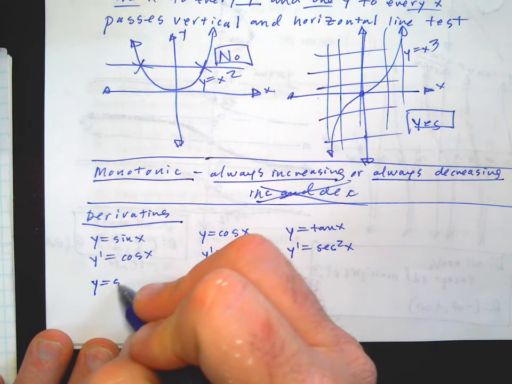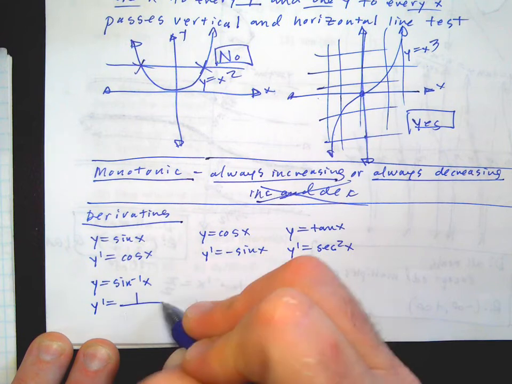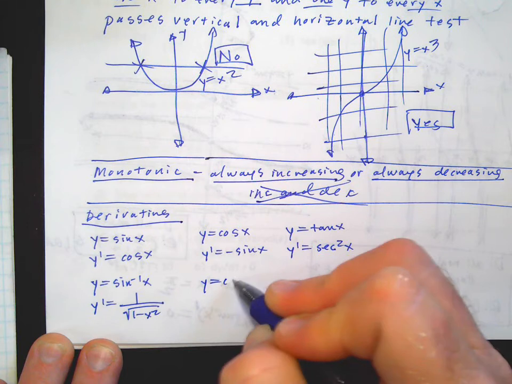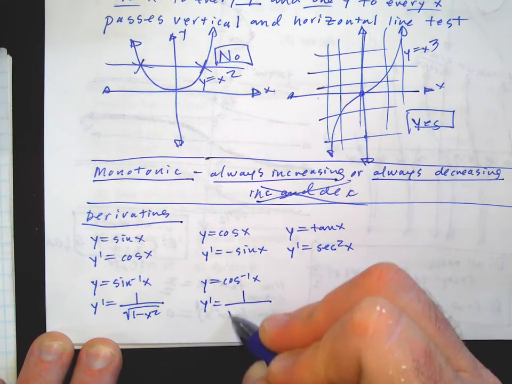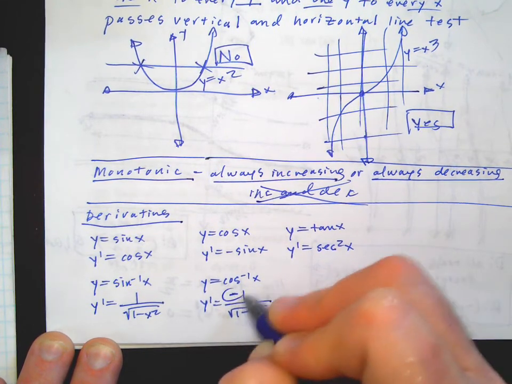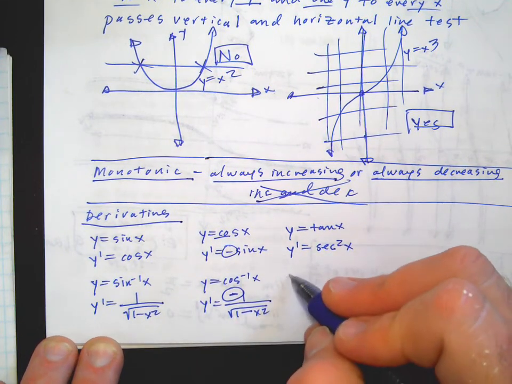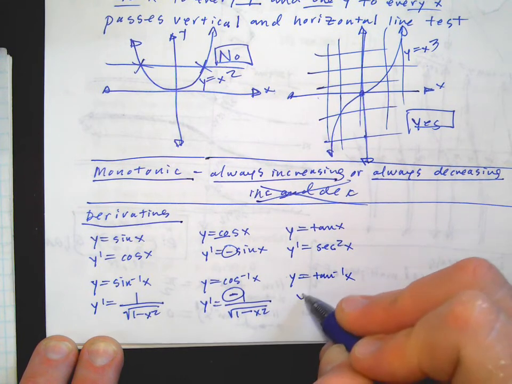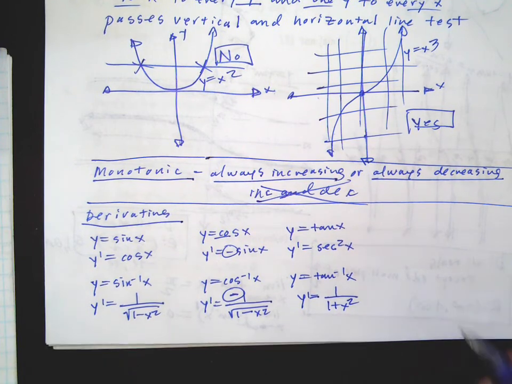The inverse of sine, the derivative is kind of weird for trig. It's 1 over the square root of 1 minus x squared. The inverse of cosine is actually the same thing, 1 over the square root of 1 minus x squared, with one small change. It's a negative. Remember, all the cos have negative derivatives. Inverse of tangent, y prime is 1 over 1 plus x squared.